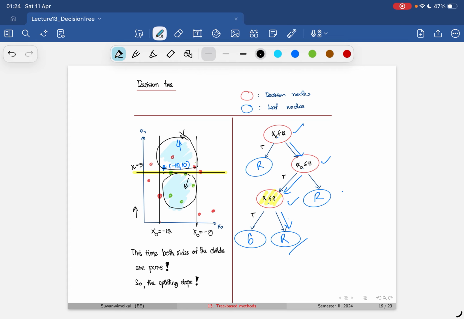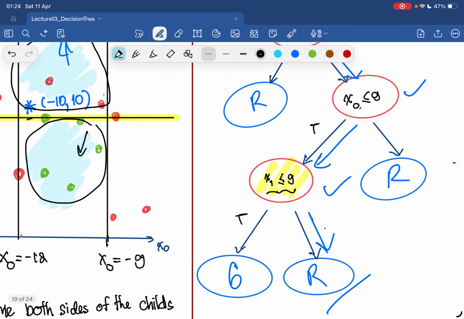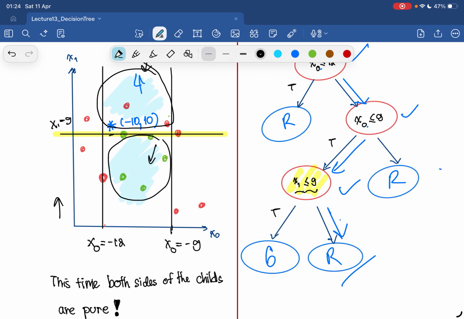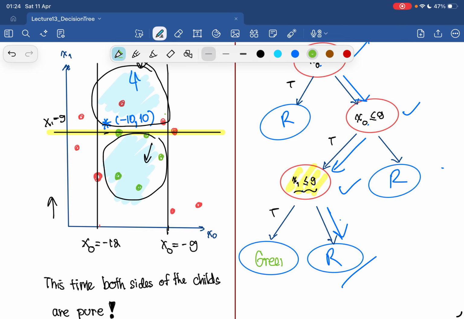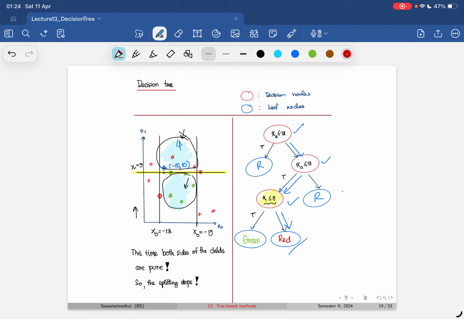And if you use a less than or equal sign here, you see that for those that are true, that is green, it can no longer be divided. But for the one on the red, you get the same conclusion: they are red and there's no further decision to be made, so you can stop.